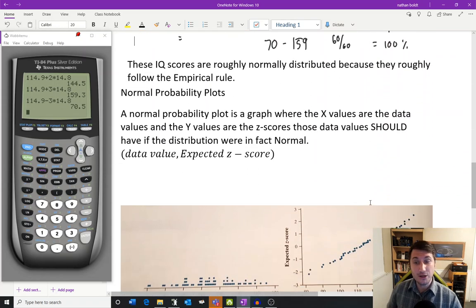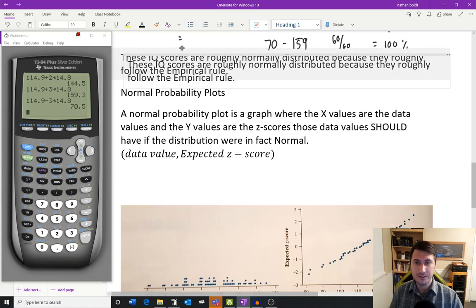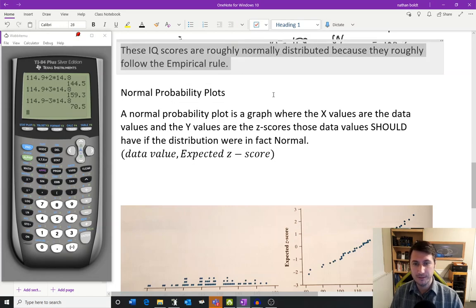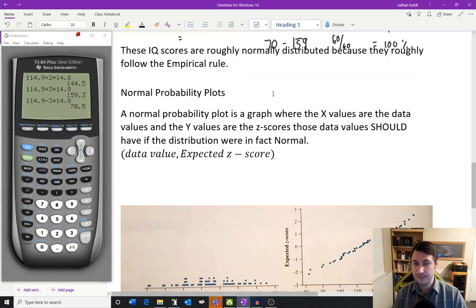All right, but that's not the only way. There is also this thing called a normal probability plot. It's a little complicated to understand what it is, but once you have that understanding, it's really easy to interpret, which is why I want to show it to you.